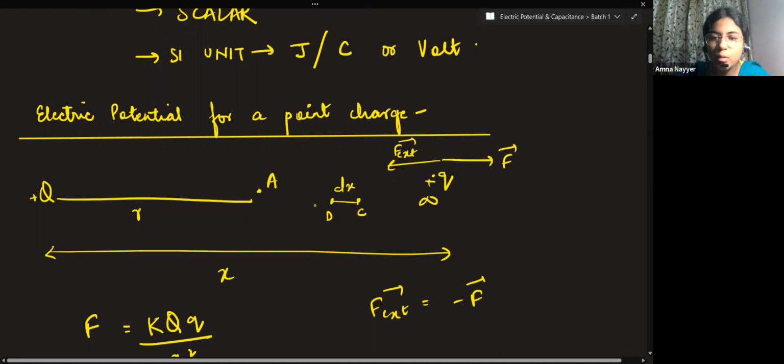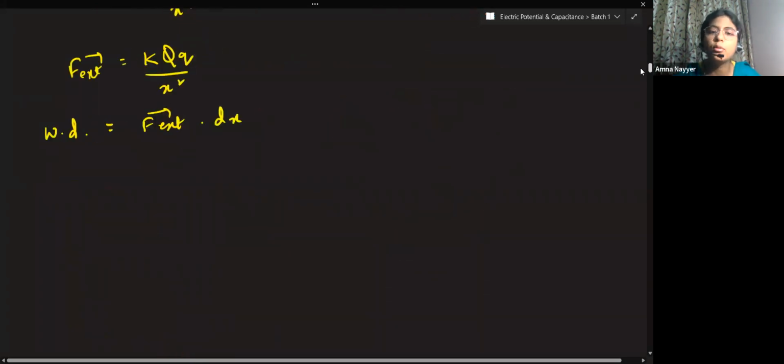Now see, from C to D, I am moving in this direction, and my force is acting on the right hand side. So both of them are in opposite directions. That's why the angle between them is taken as 180 degrees. So cos theta has to be considered. Work done will be F external dx cos 180 degrees.